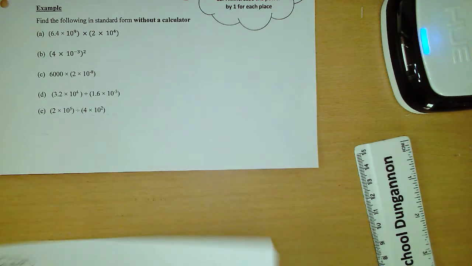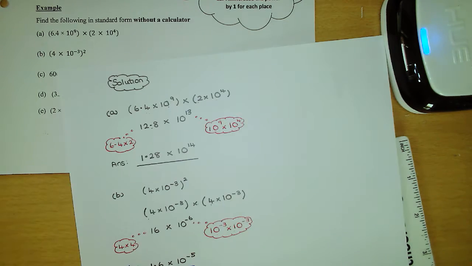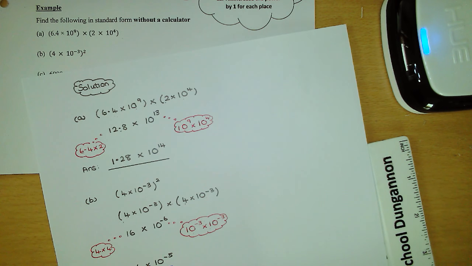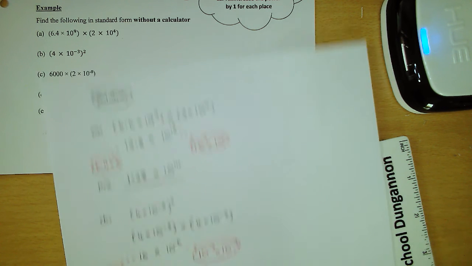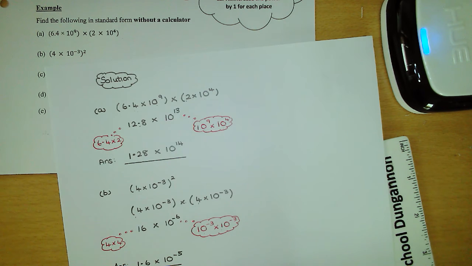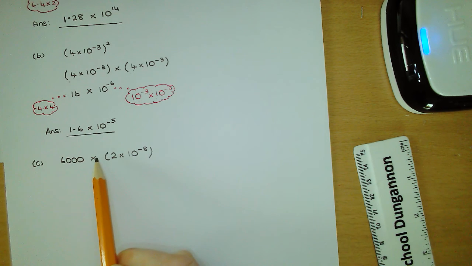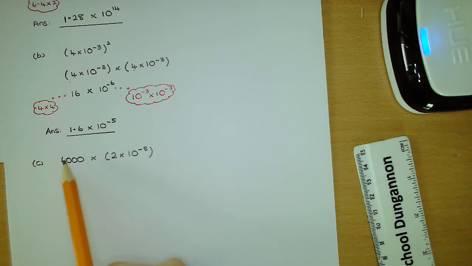Okay, part C. Now, we have a number in standard form that's being multiplied by a number that isn't in standard form.